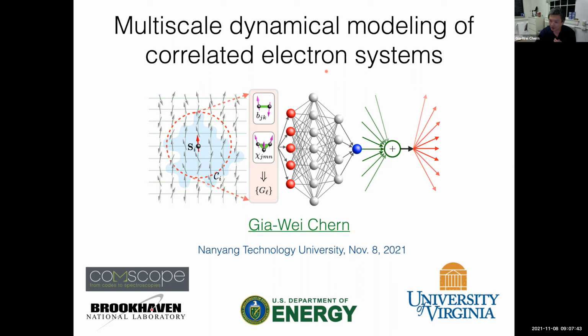Mostly this involves the development of new computational methods for correlated electron systems, and also using machine learning methods to enable large-scale dynamical simulations. Most of my work is supported by the U.S. Department of Energy.